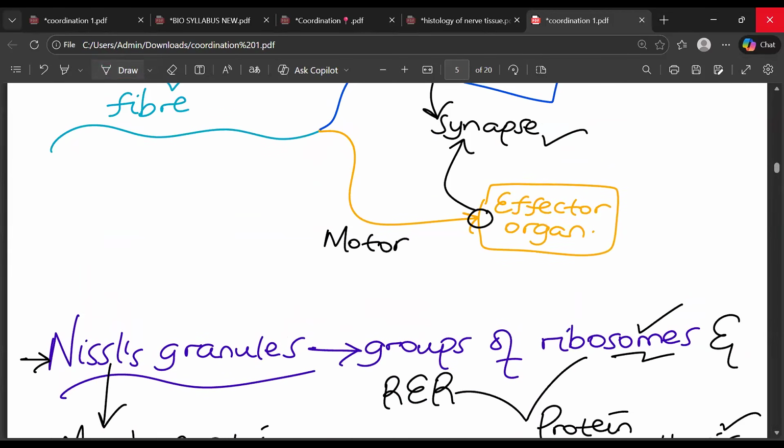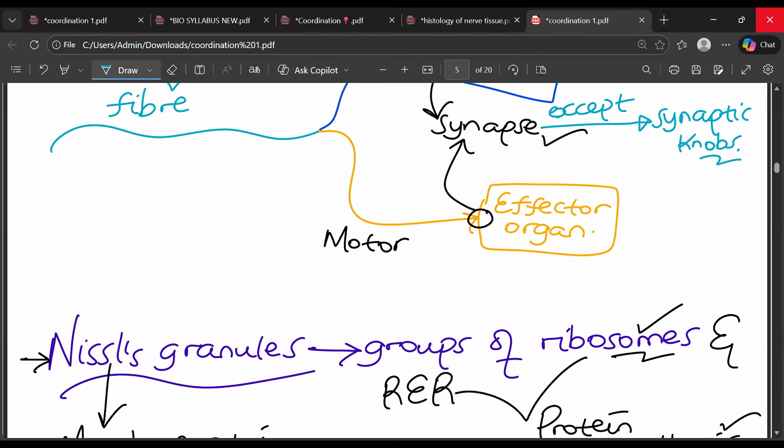I read that everywhere you see the synapse, expect synaptic knobs. Synaptic knobs simply means knobs at the synapse. They look like knobs. Don't you know knobs? Like that with a dot at the end. That's what they call a knob in English, without even the word synaptic.